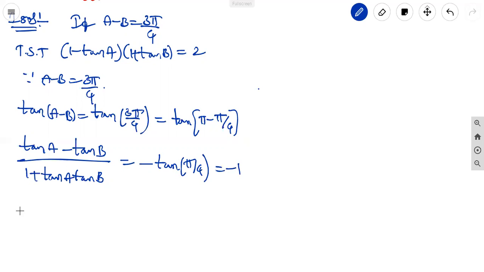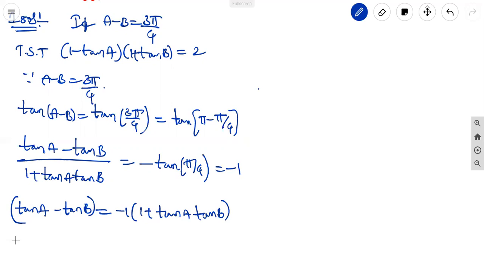By cross multiplying, tan A minus tan B is equal to minus 1 into 1 plus tan A tan B. Taking it to the left side, tan A minus tan B plus 1 plus tan A tan B equals 0.